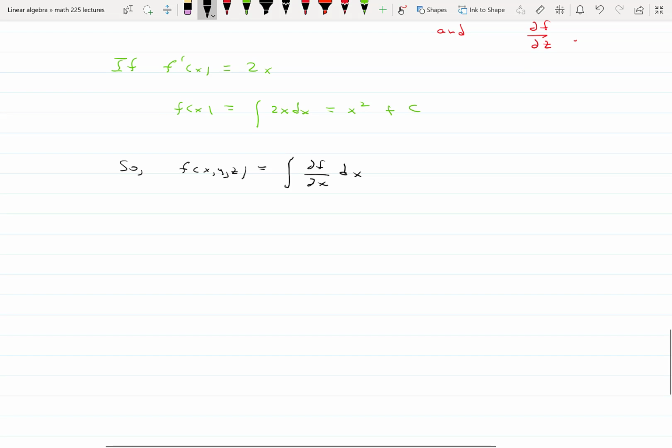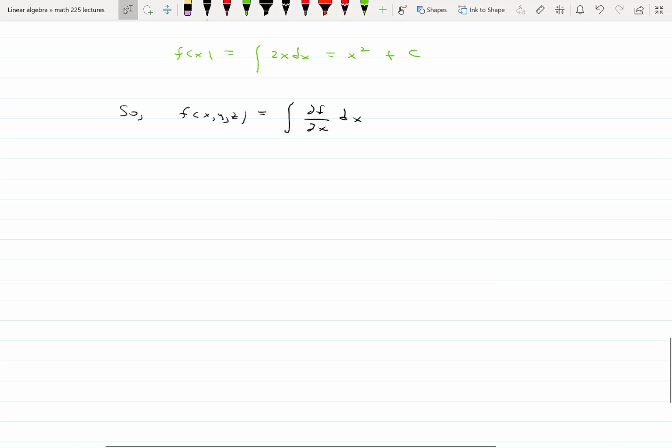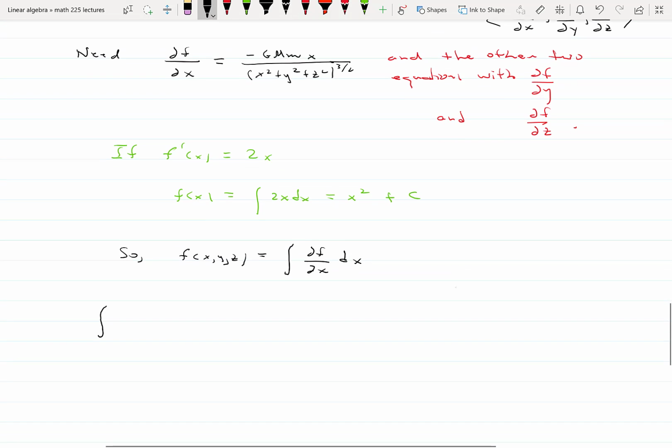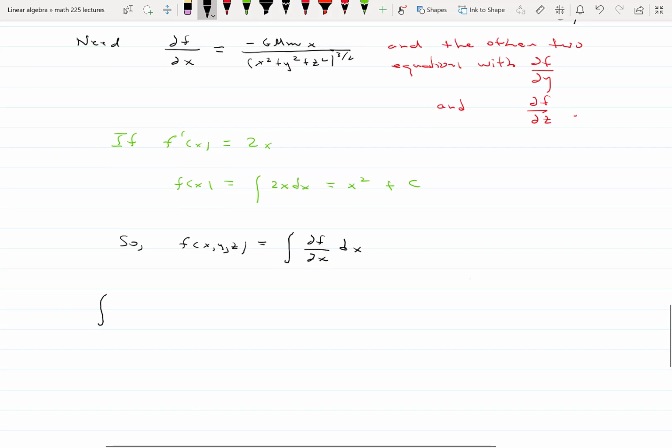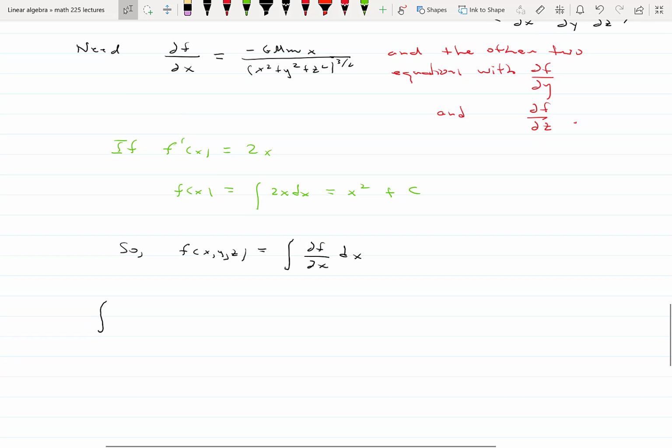Let's see what we can do with that. When we integrate, we don't need to involve the constant negative G big M times small m.